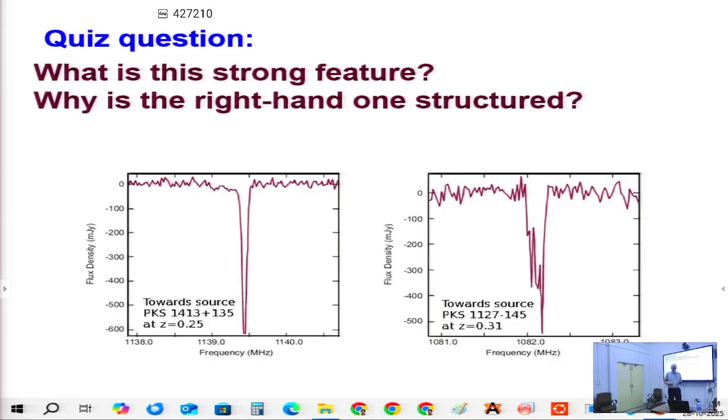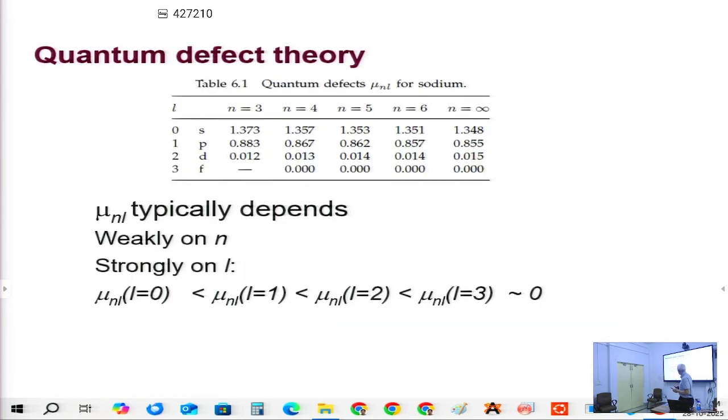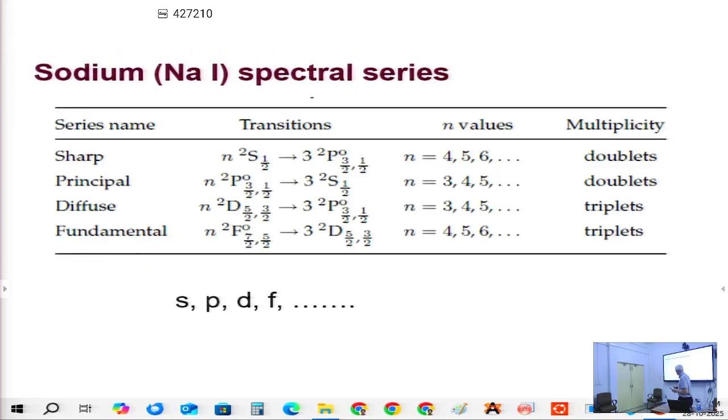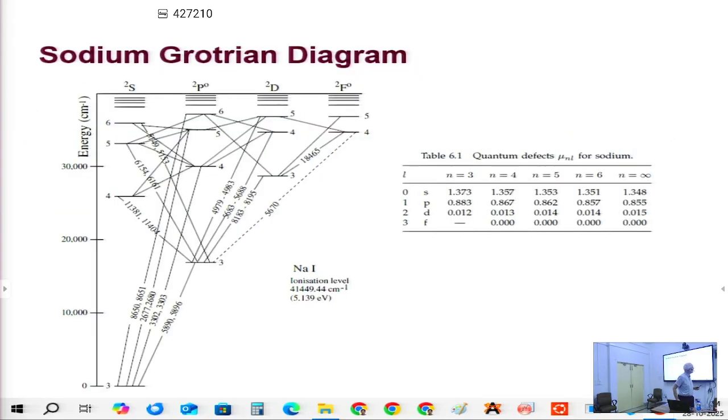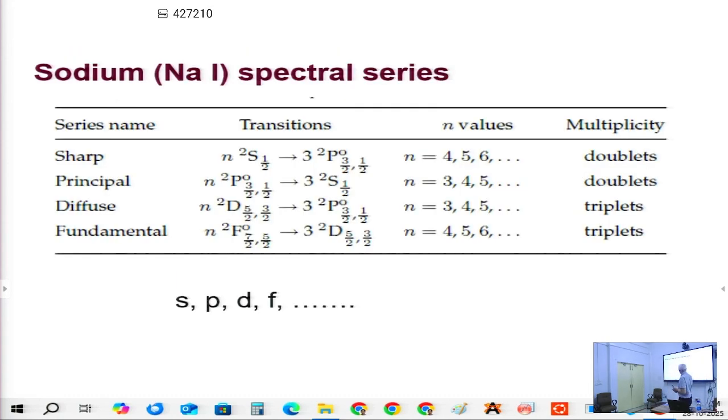At this point, I'm going to go back to sodium, because I remember I told you I'd tell you about one of the methods. So you have these multiplets, which I went through. And I said, for instance, for this transition, you get a doublet.